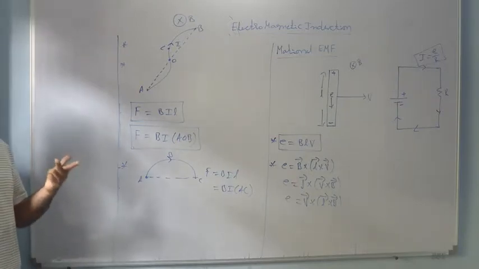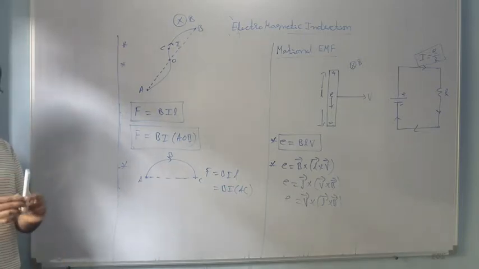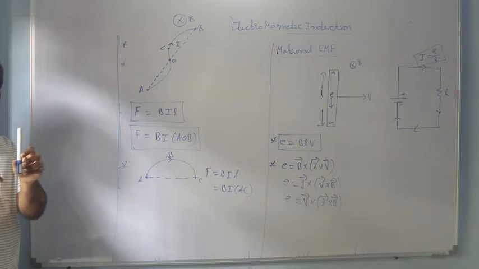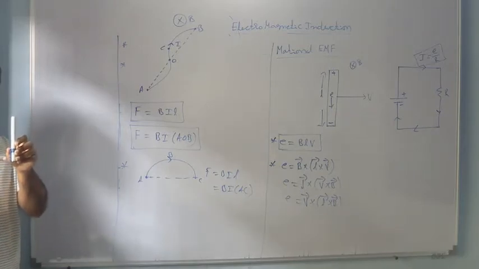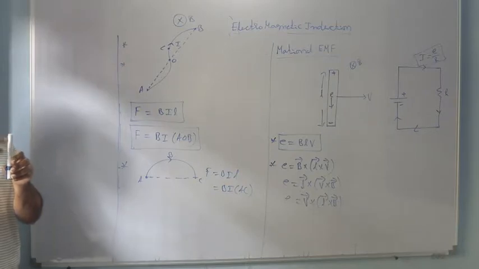B, L, V, all three must be perpendicular to each other. If the rod is moving like this and the magnetic field is applied like this, the magnetic field is perpendicular to the length of the rod. Rod is moving like this, so what is the direction of the velocity? Upwards. What is the direction of the length? Upwards. These two are parallel, so no EMF.